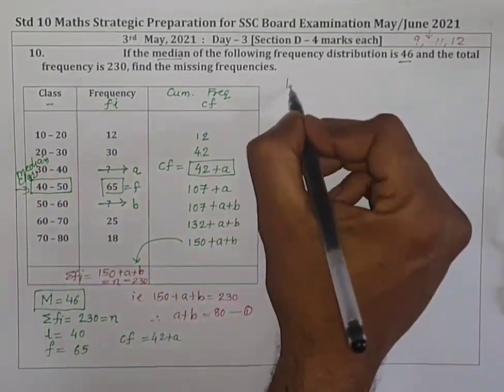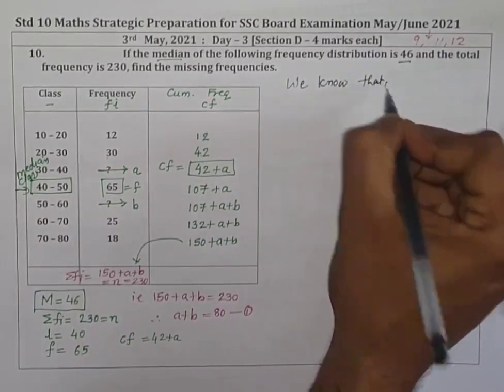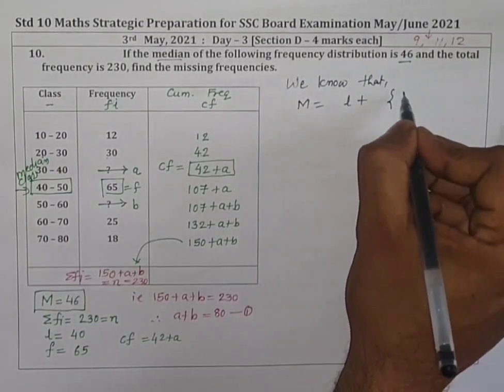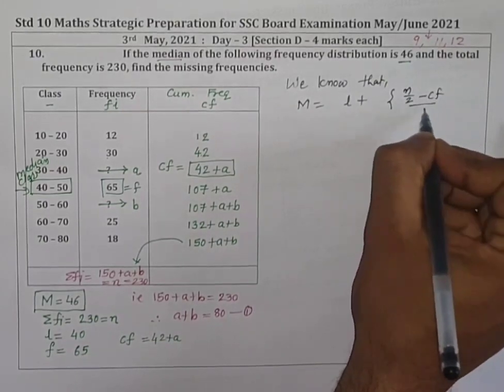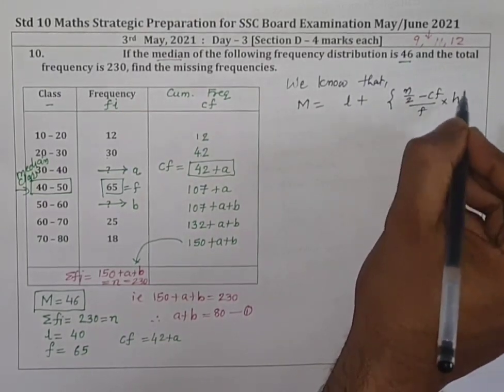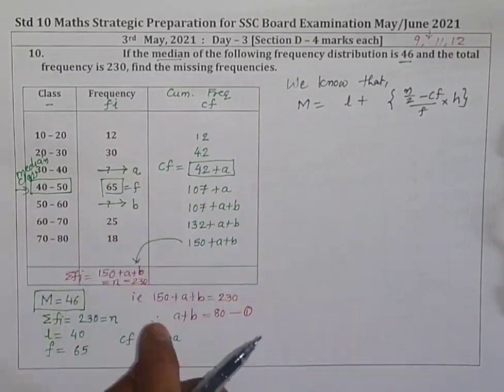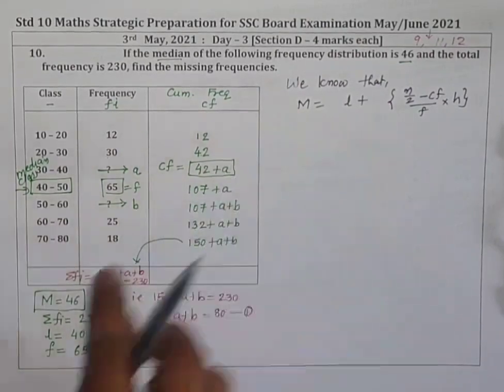We know that M is L plus n by 2 minus CF upon F into h. Now this time we are going to find A and B, so most of the values are there. M is also there.